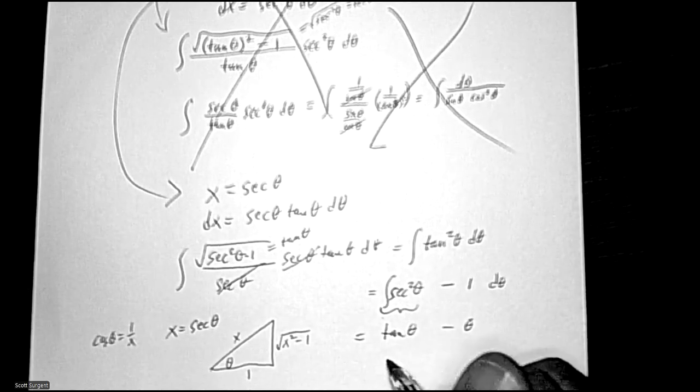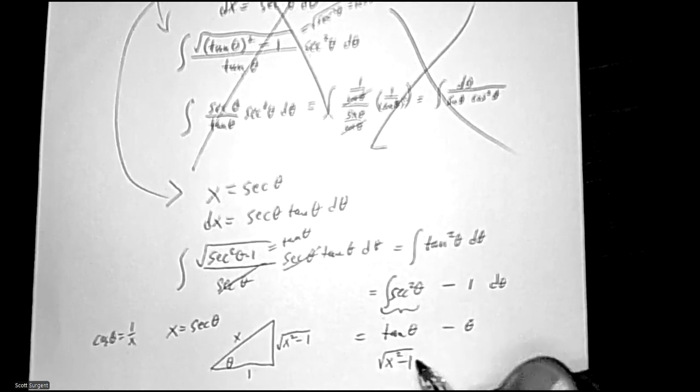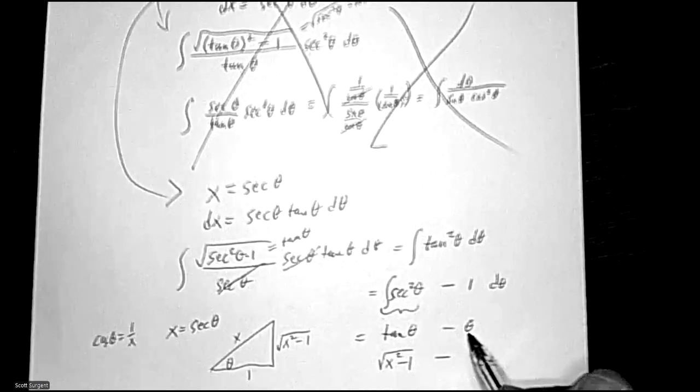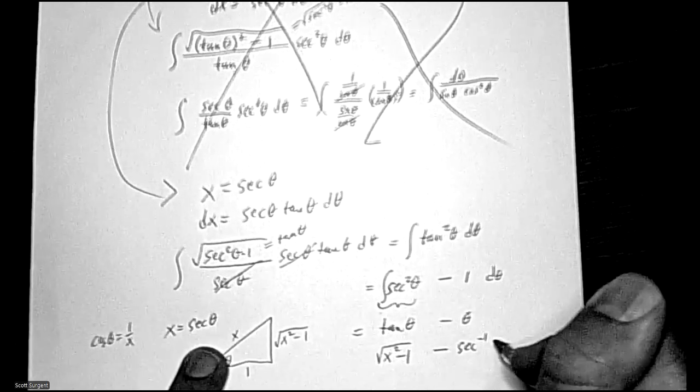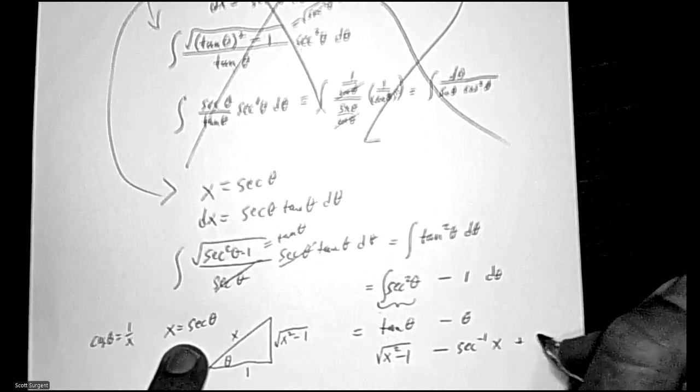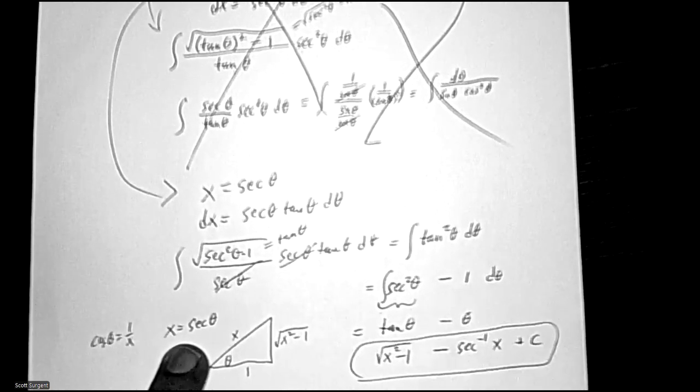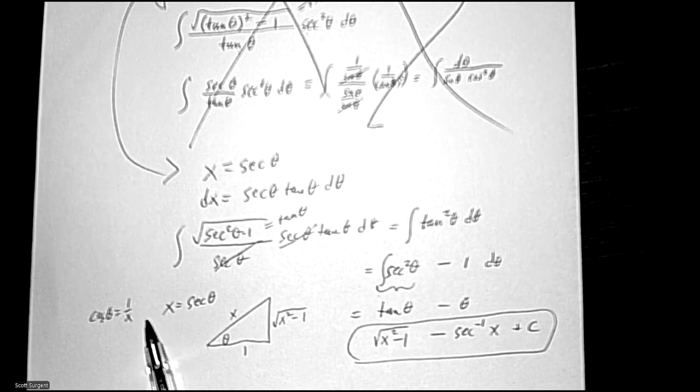So the tangent is going to be square root of x squared minus 1. And then this is going to be arcsecant of x, because I have to solve for theta here, and the only way I can do that is to arcsecant it to the left side.